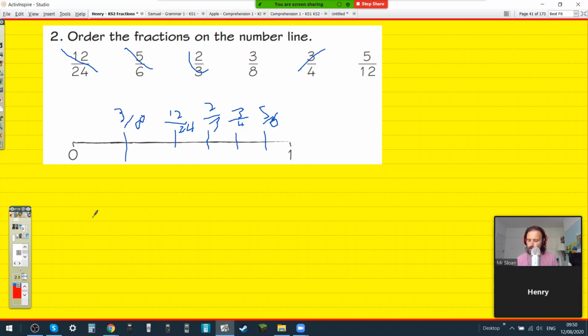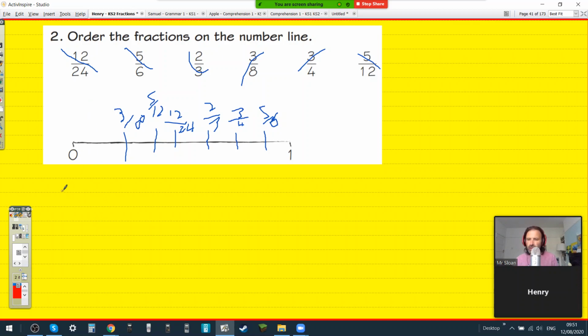It's probably not right. And then 5/12 would go about here. Yeah, that's what I think.